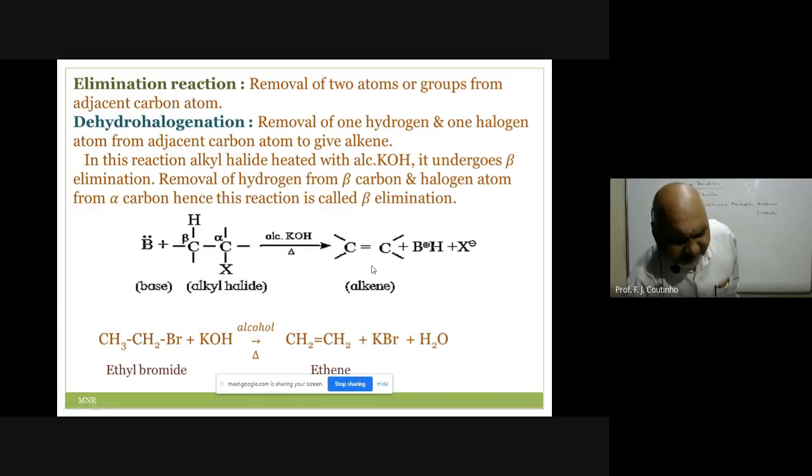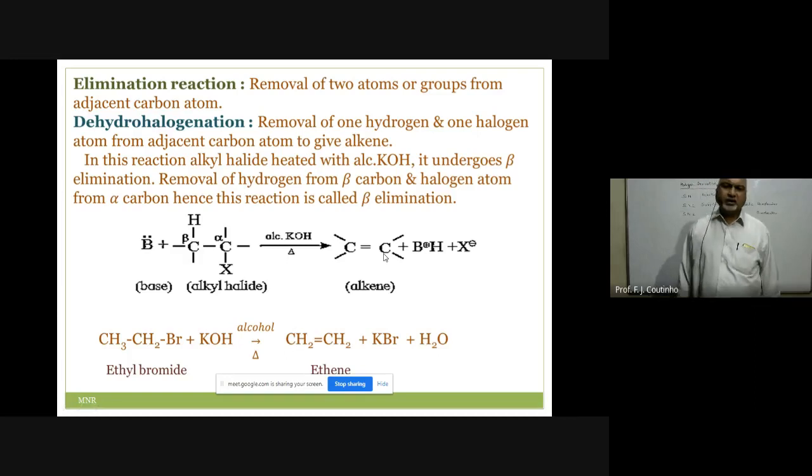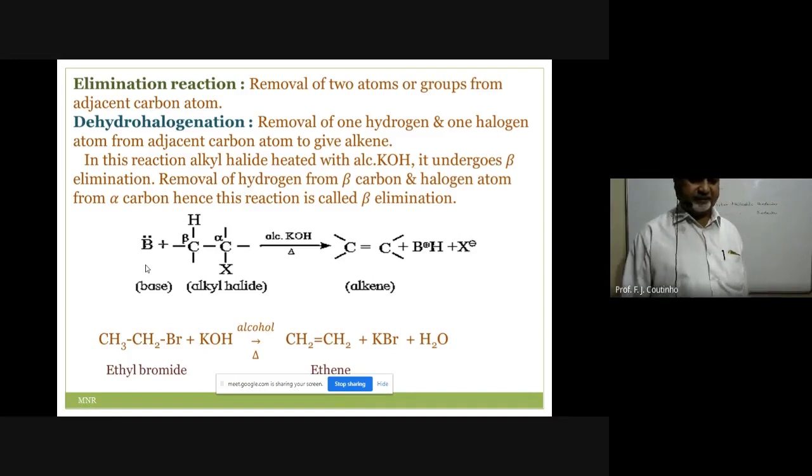So here an alkene has been formed, which is important. And finally, you get a base with H. Basically, in simple words, with this alcoholic KOH, KX will form, KCl or KBr, whatever it is, and finally you get a water molecule, and there is a loss of a hydrogen and halogen at the same time, forming an alkene.